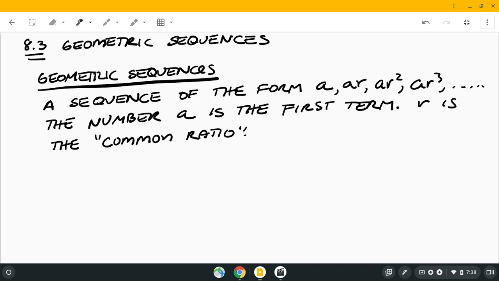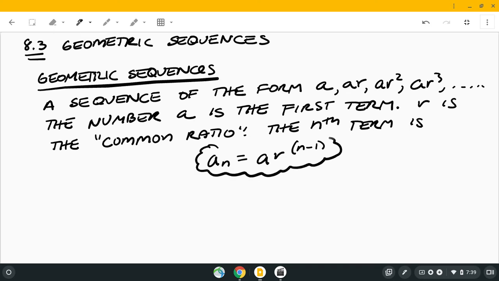And the nth term is given by the following. A_n equals A, where again A represents the first term, times R, the common ratio, to the n minus 1. Okay, so this is our nth term formula.